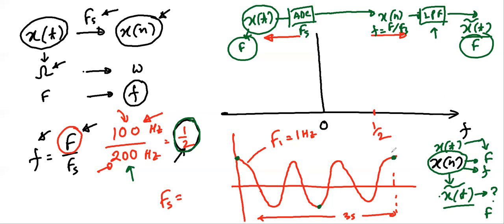Can you find the value of Fs? 3 samples, sir? 2 samples per cycle? I'm asking about the value of capital Fs, that is the sampling frequency. That should be in hertz, isn't it?